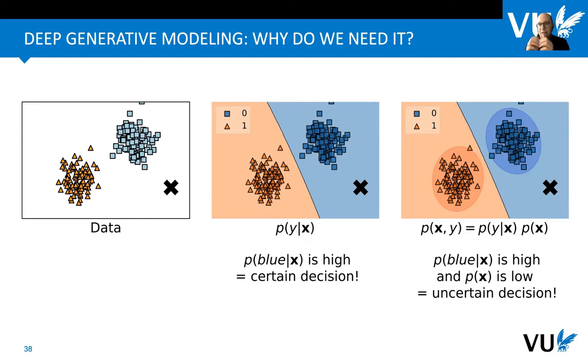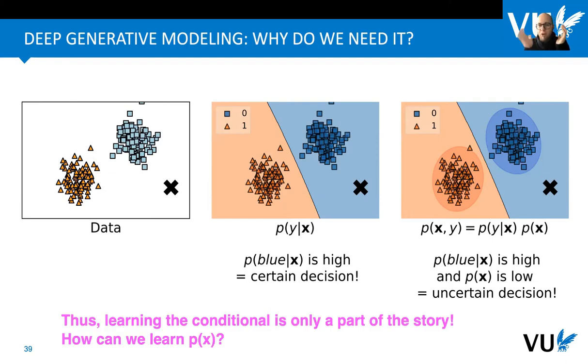So I claim that if we want to have a successful AI system, we cannot just focus on P of Y given X. This is only a part of the story. We should also focus on P of X, right? And how we can learn it. And typically, this is the topic of deep generative modeling.